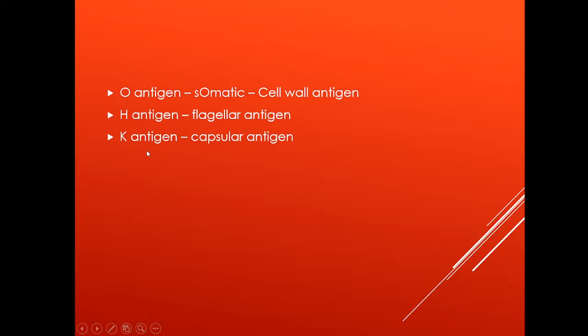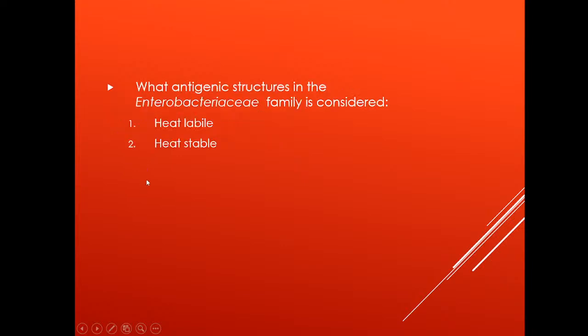All right. You will find this out later, especially when we talk about the Salmonella species, specifically Salmonella typhi, the one that causes typhoid fever. The antigens are especially useful in the bacterial serology of salmonellosis. Okay.